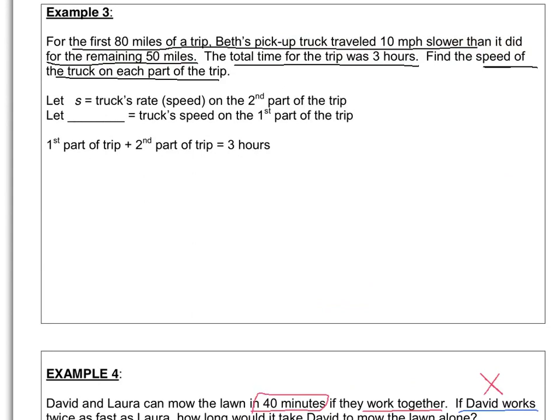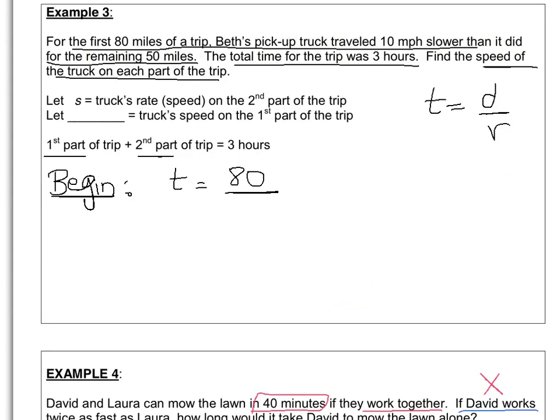So think of it that you have a first part and you have a second part of the trip. Remember, time equals distance over speed. For the first part, the beginning, time equals distance, which is 80 miles, over speed.